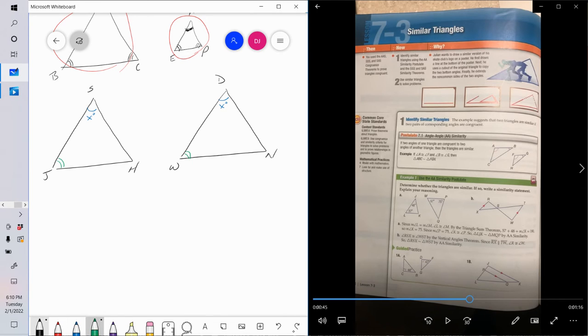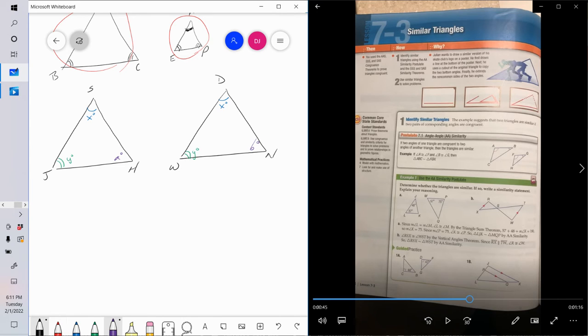Angle J is y degrees, therefore angle W would also be y degrees. I don't know what angle H is or what angle N is, and I'm not going to assume that they're the same. So let's say that angle H is a degrees and angle N is b degrees.